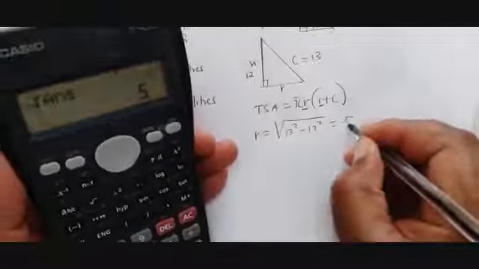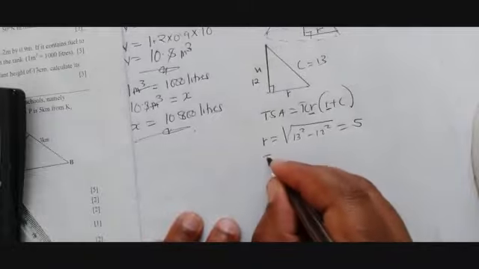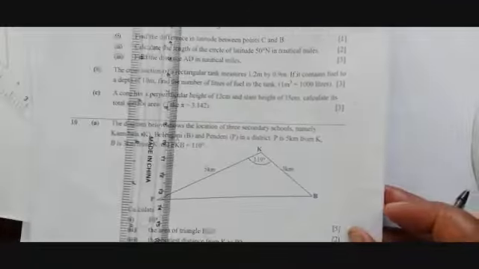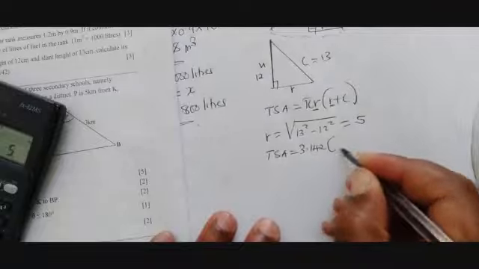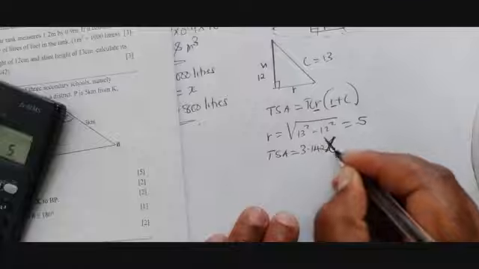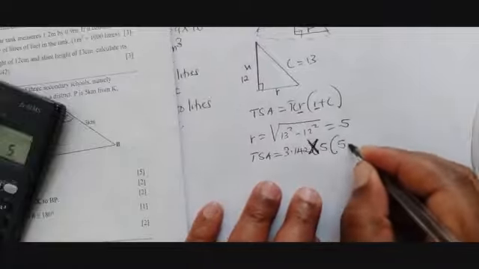So it means r is 5. Okay? Then my total surface area, therefore, is pi. We've been told that we take pi as 3.142. So I'll say 3.142, open the bracket. Take note here, you need to say times, radius is 5. Open the bracket, 5 plus the slant height is 13.